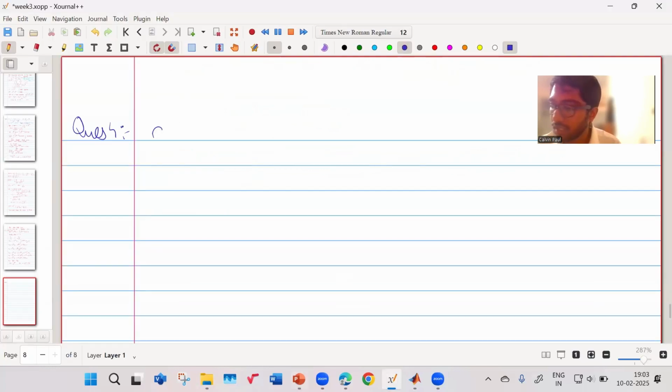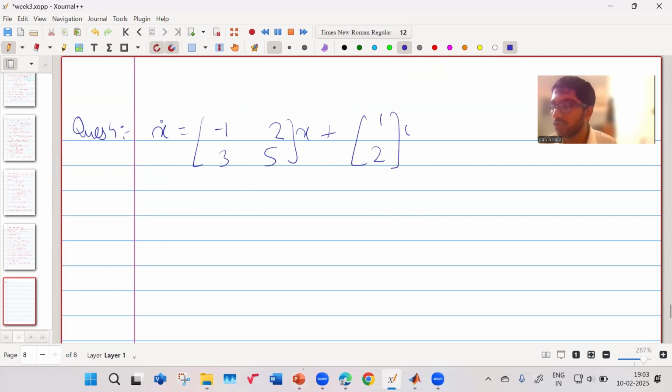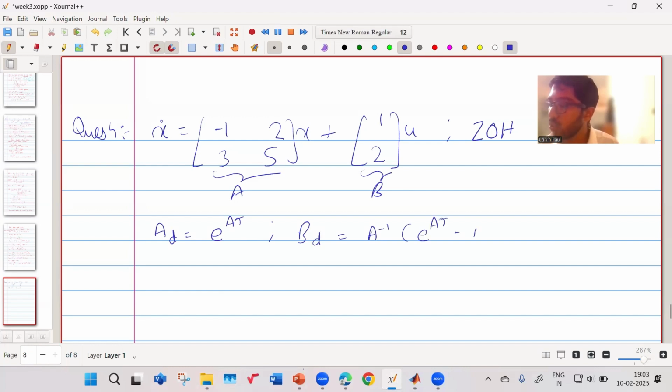Here x dot is equal to A x, this is minus 1, 2, 3, 5, x plus 1, 2, u. Okay, we have to find the discretized matrices using zero order hold. So this A, B, we have to find AD, which is actually e to the power A T, and BD, which is actually A inverse, e to the power A T minus I, into B.